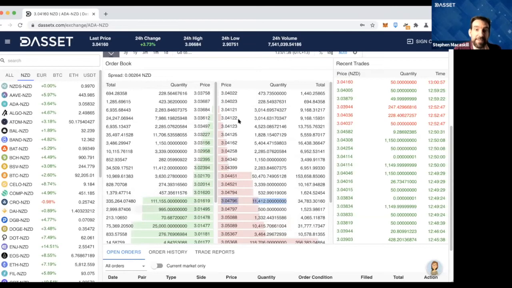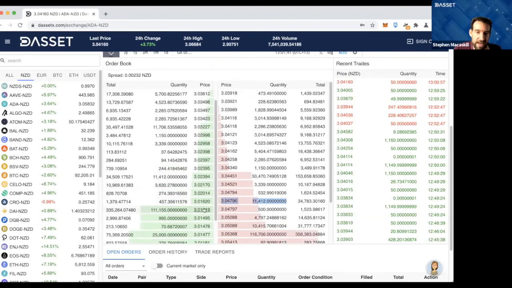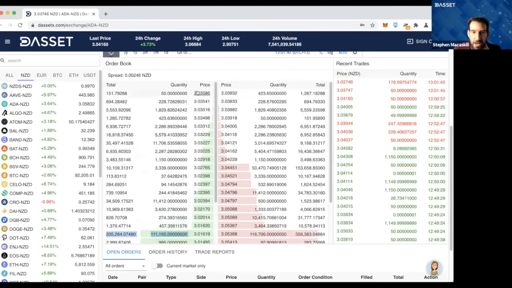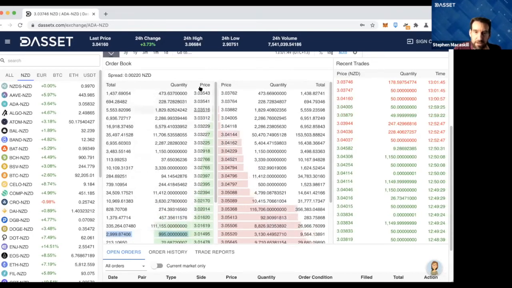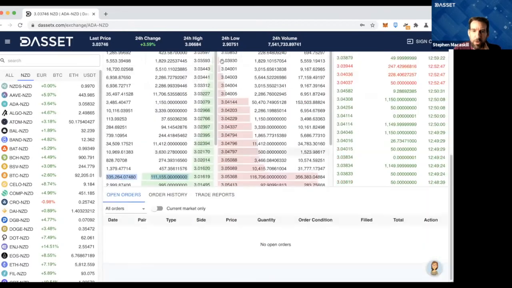If you want to sell 100,000, you can see that it's pretty solid here. There would be slight slippage of maybe about 1%, something like that. So you can see order book depth.